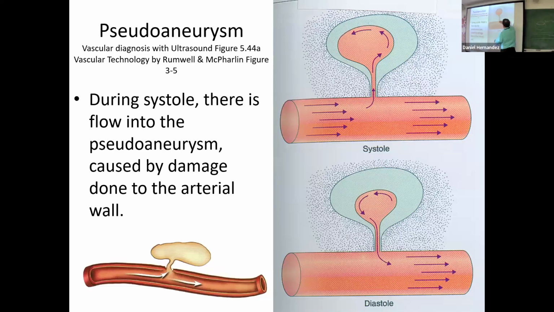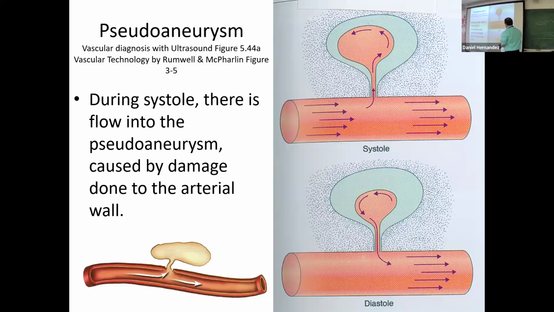Since there's that hole in the artery, the blood flow is going to escape out through the neck of that pseudoaneurysm, and the body's going to try and encapsulate it and prevent that bleed from spreading out by creating a hematoma, or collection of blood. So with each cardiac pulsation, blood flow travels down the artery, enters into the neck of the pseudoaneurysm, gets ejected out into the hematoma, swirls around and then exits back out of the neck.